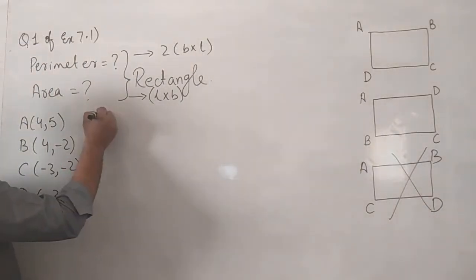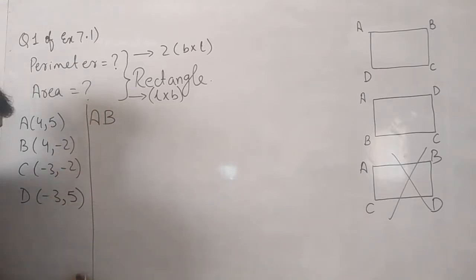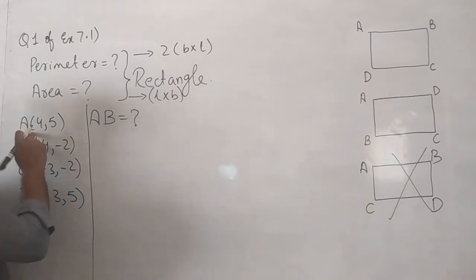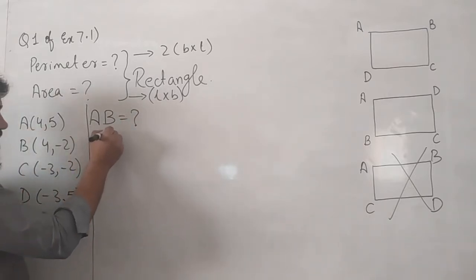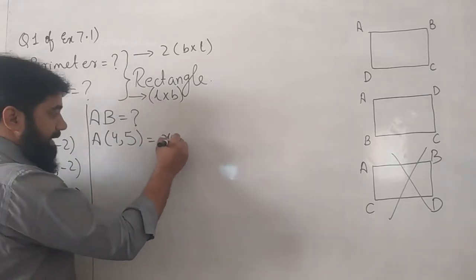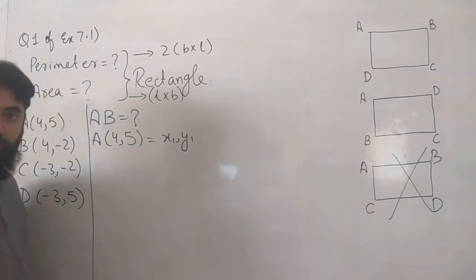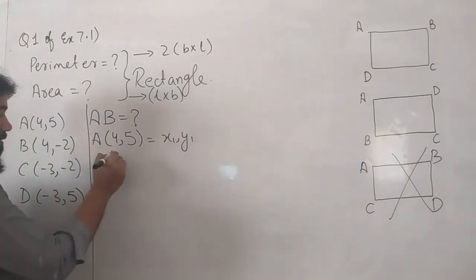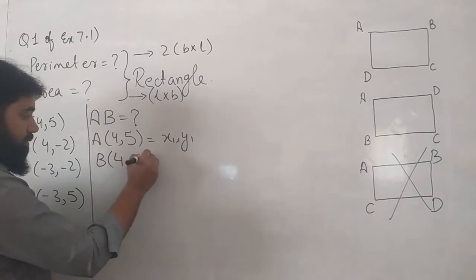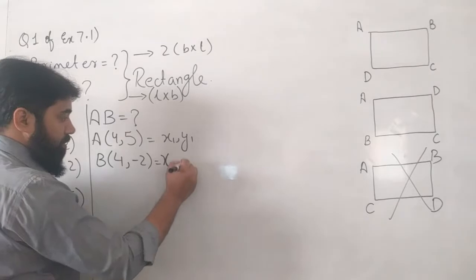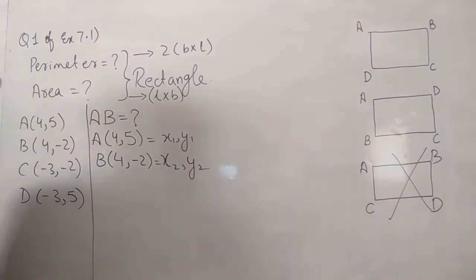First of all, I am finding distance AB. What are my A coordinates? A coordinates are 4, 5, which I am going to take as x1, y1. And B, which is 4, -2, will be taken as x2, y2.